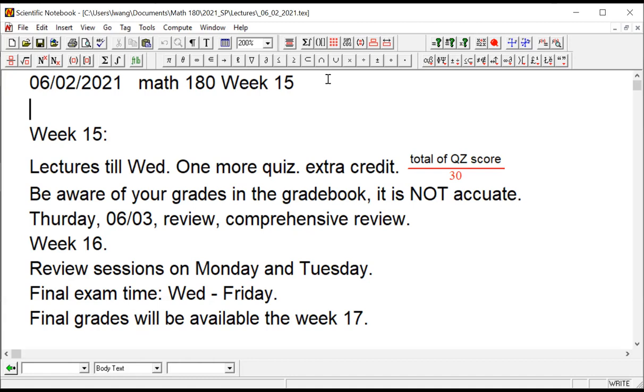Okay. If you don't have questions, we're gonna work on parametric today. Okay, you should find these topics in the notes titled Parametric 1. Let's see which page could I find this.